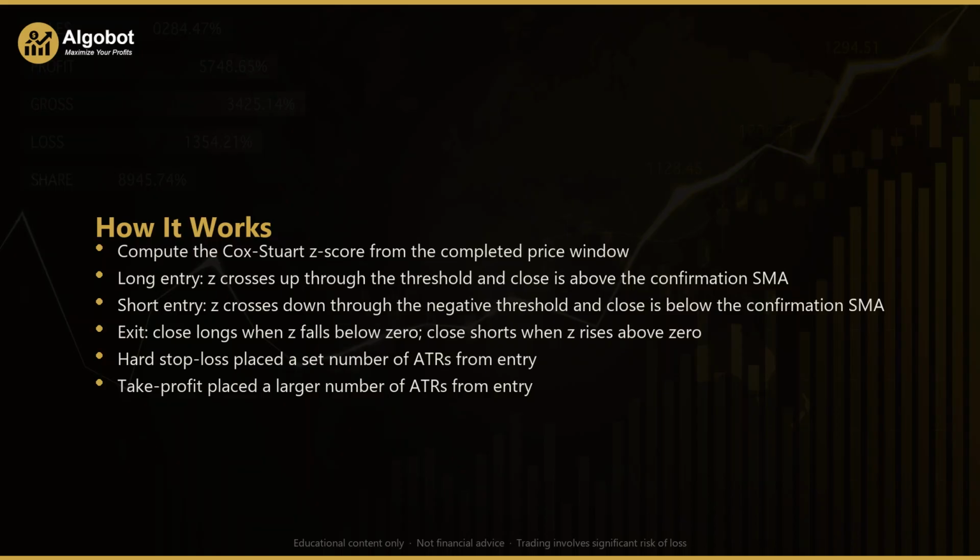The stop loss is placed a set number of average true range units away from entry, 2 by default, and the take profit is placed further out, 3 ATRs by default. That gives a take profit that sits farther away than the stop, and those distances adapt automatically as volatility changes. Remember, stops help manage risk, but do not eliminate it, and losses are a normal part of trading.